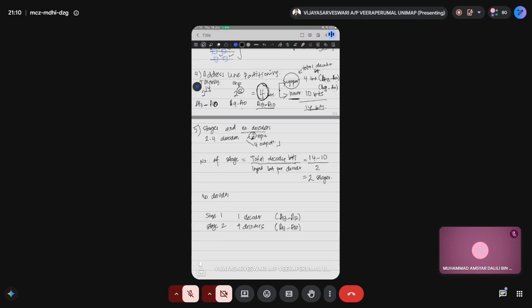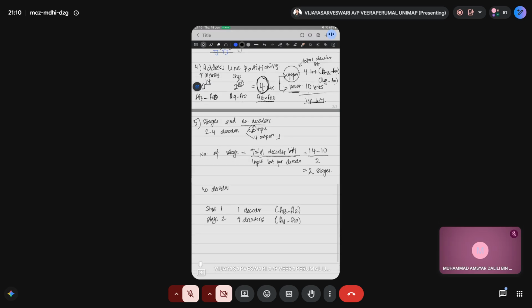You can ask me why we are using 4 decoders but only have 2 inputs. Those 4 decoders will all use the same inputs, which are A11 and A10. That is basically what is happening here.